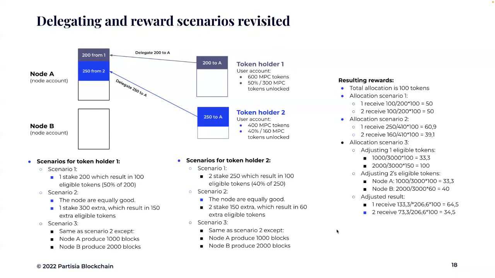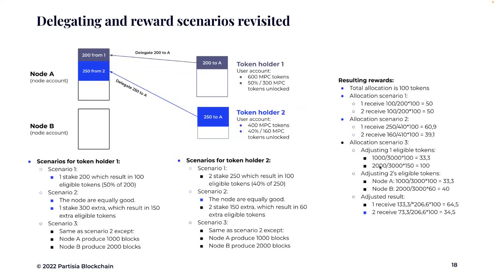So what we get here is that this should have been a 2,000. It doesn't really change anything because it's the same number. But anyway, what we're doing here is adjusting the numbers from before with the relative performance of the individual nodes. For token holder 1, the rewardable token is adjusted with 1,000 divided by, should have been 2,000 here.